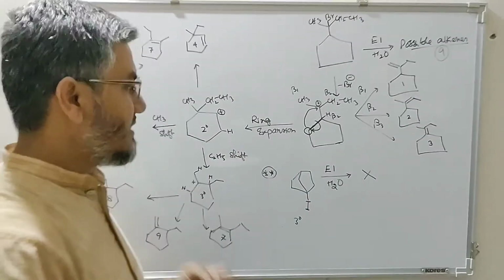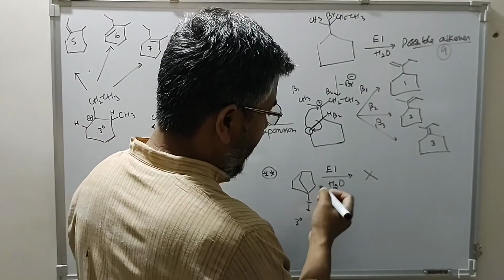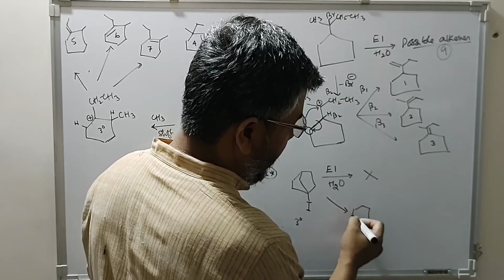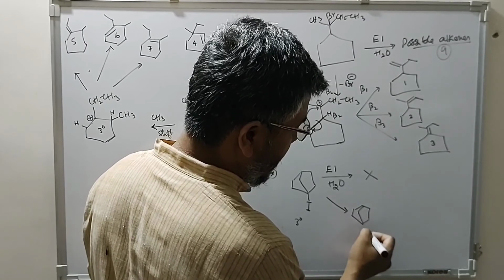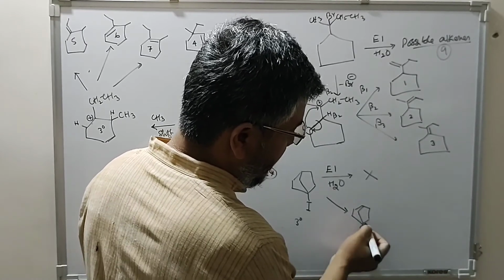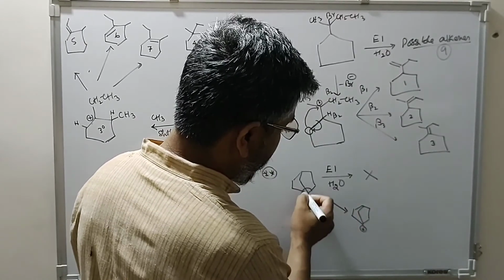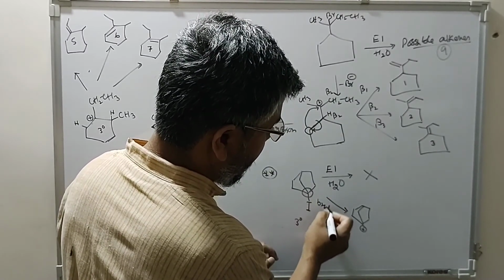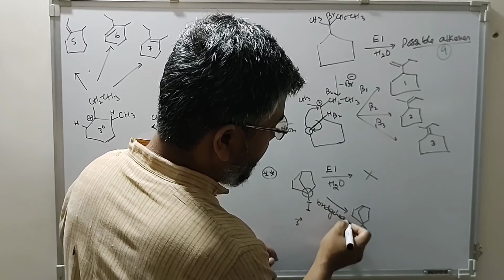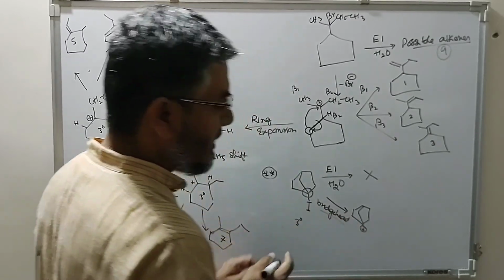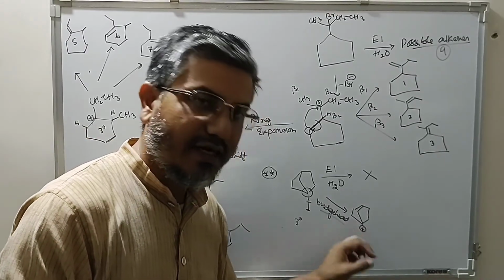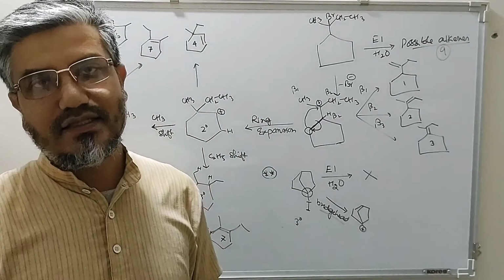So the reason is, in this E1 reaction, there has to be formation of carbocation. So this is a bridgehead. This is bridgehead. So bridgehead carbon cannot assume planarity. This bridgehead carbon can never assume planarity.